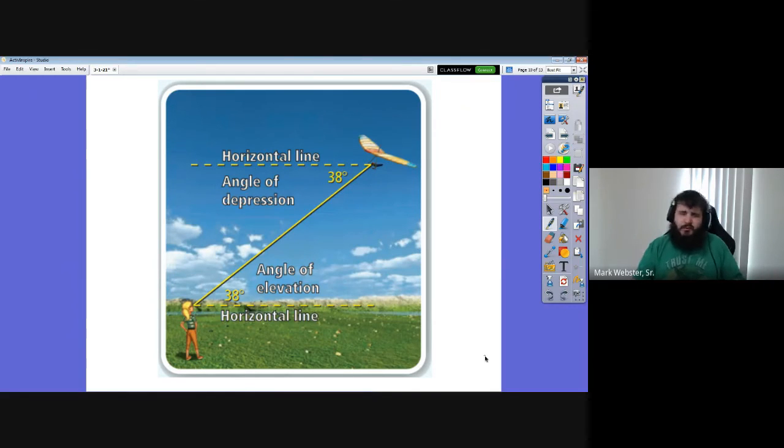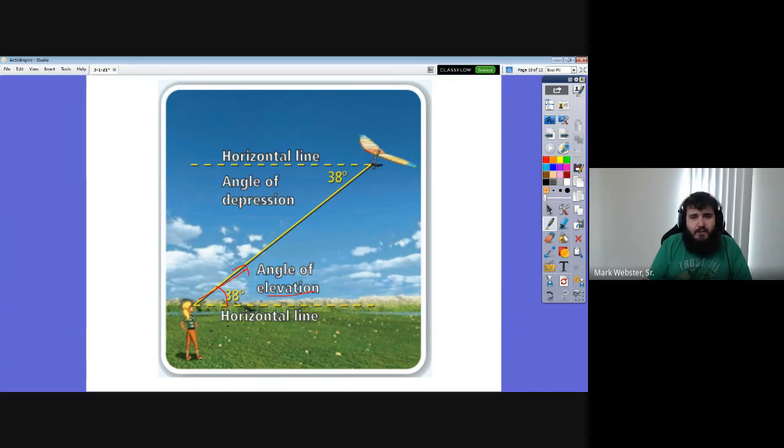And what do we do with those? So the only thing you need to know with regards to the angle of elevation and the angle of depression. Angle of elevation is when the point of view in question is looking upwards. So this angle from the girl to the hang glider here is the angle of elevation. I shouldn't say girl, woman. From the woman to the hang glider is 38 degrees, and it's an angle of elevation because the woman is looking upward.